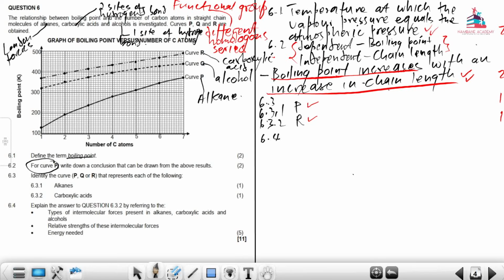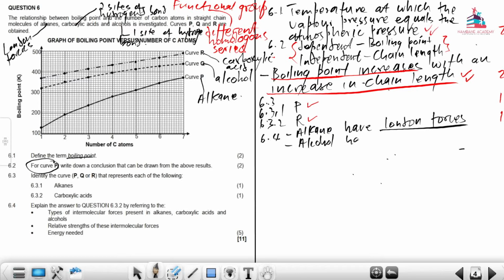organic molecules. So the first thing to do is to explain that compound P, which is alkanes. Okay, so I will say now alkanes have London forces. That is number 1. Then carboxylic acids. Okay, let's go to alcohols.